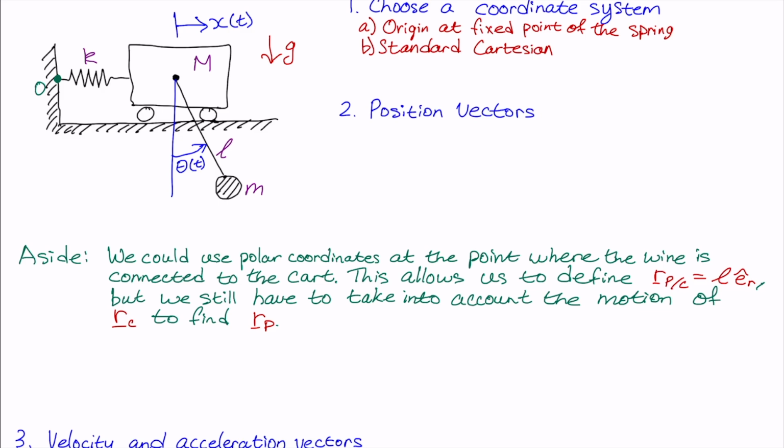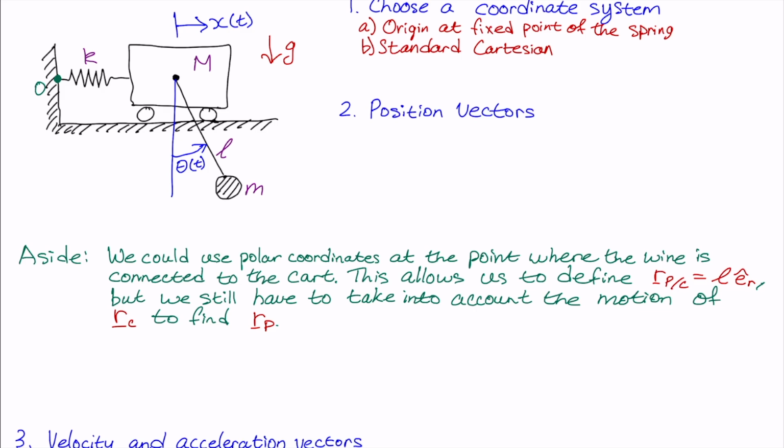And you might wonder, why are we using Cartesian when we have rotation in the pendulum? Couldn't we use a polar coordinate system there? And the answer is yes, you could use a polar coordinate system fixed at the connection point between the pendulum and the cart, but then you will have a coordinate system that is translating as well, and you will need to account for that translation due to the cart moving, and as a result, you'll end up needing to deal with transforming that polar or radial and transverse coordinate system into a Cartesian coordinate system anyway.